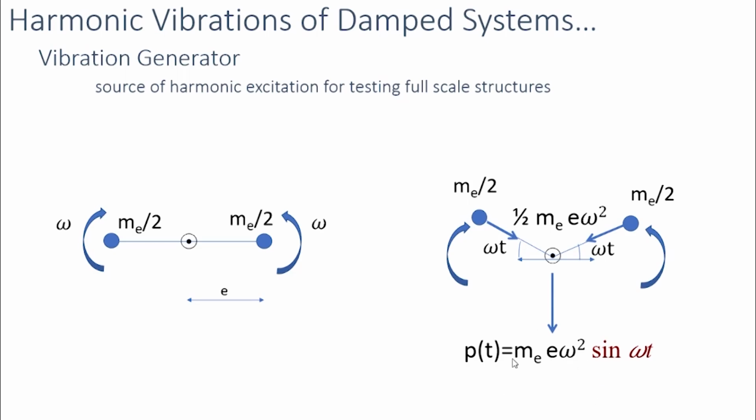So this will exert a force whose amplitude is equal to the eccentric mass times the eccentricity times omega square. We can use this and find out the response for a full-scale structure. To test a full-scale structure, we can run the vibration generator at different values of omega and measure the response of that structure.